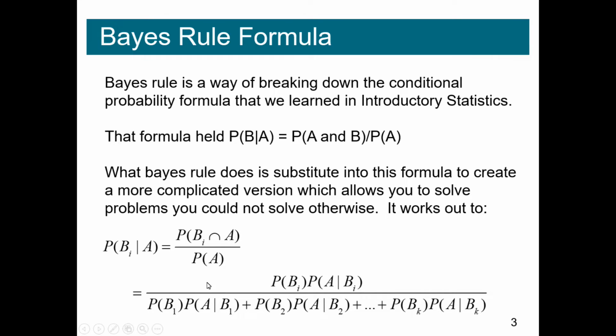This tells you every time that A occurs with B1, plus this tells you every time that A occurs with B2, plus so on until we cover all the different B events, which means overall, when I add all these together, it's all the different ways I can get to A, the total probability of A.